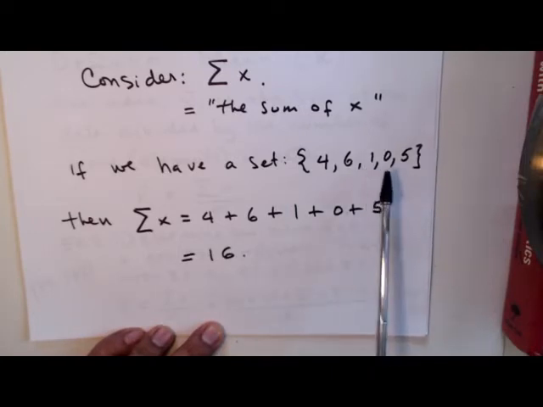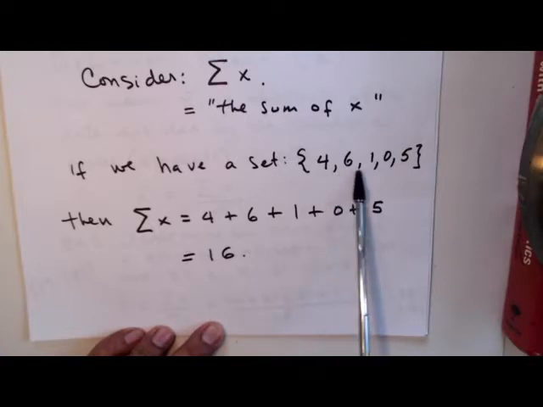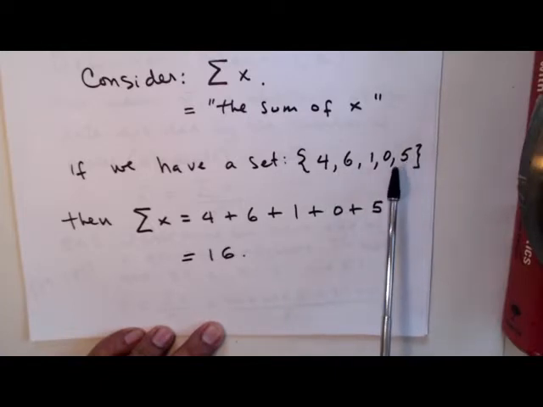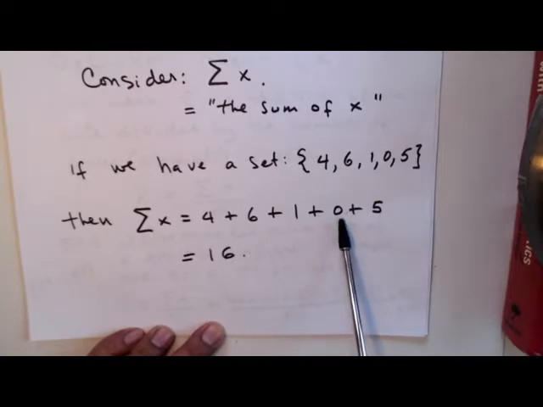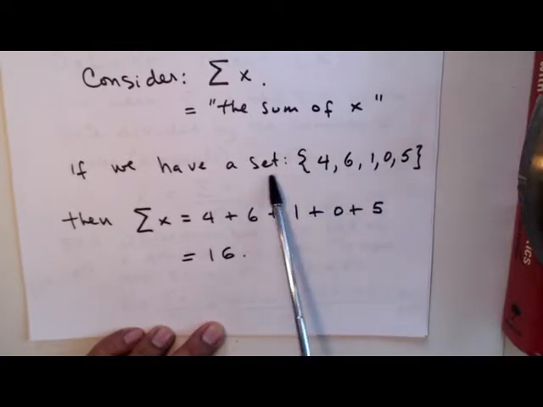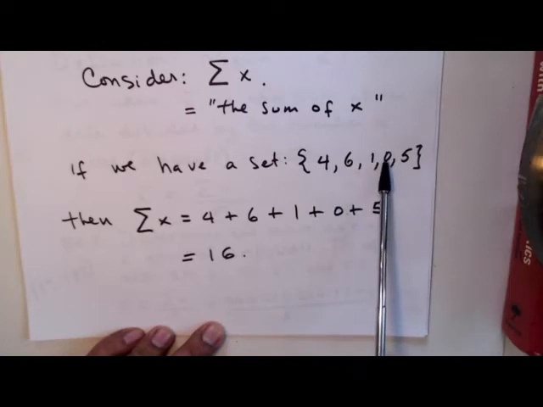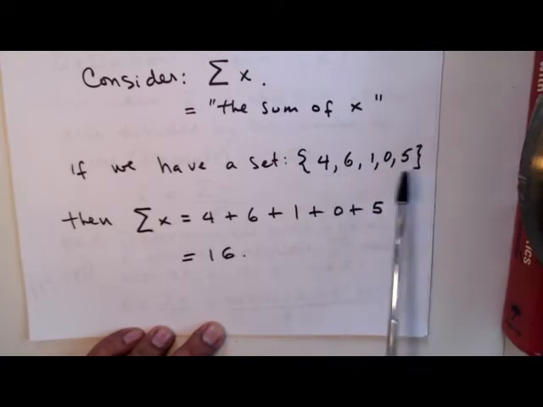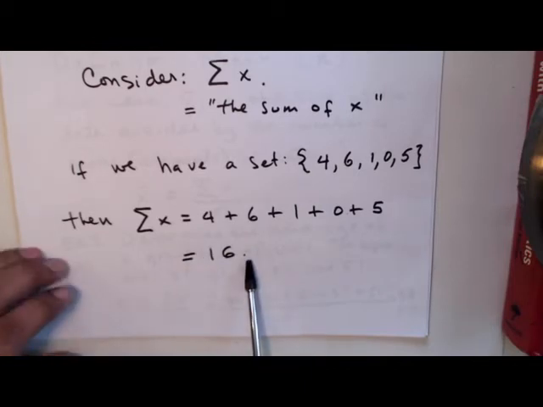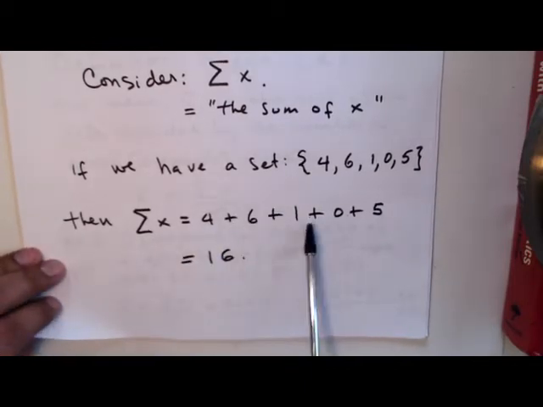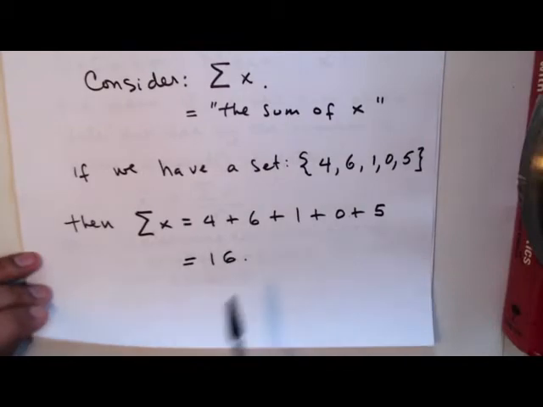In statistics, every element counts, right? So make sure that if you see a 0, include it, because it's part of the set. So this set has 1, 2, 3, 4, 5 elements, including the 0. So when we do the summation, this is equal to 16. That would be 10 plus 6 equals 16.